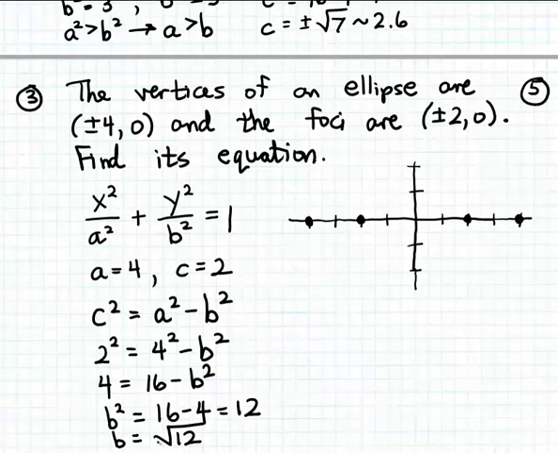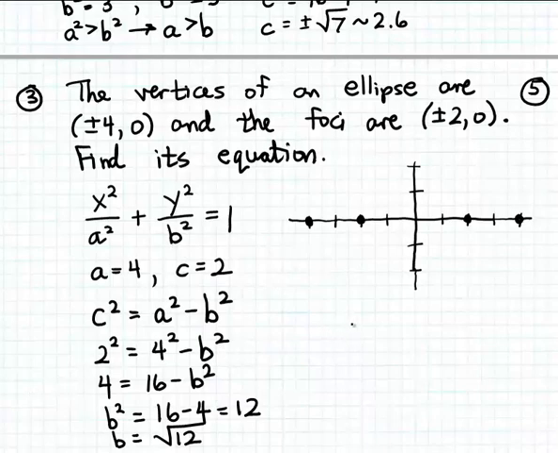So that tells us that the y-intercepts are located at approximately plus or minus 3.5 on the y-axis. But since we're not graphing this ellipse, the exact location of those y-intercepts is not really that important to us, because all we really need here is b squared to complete the equation.